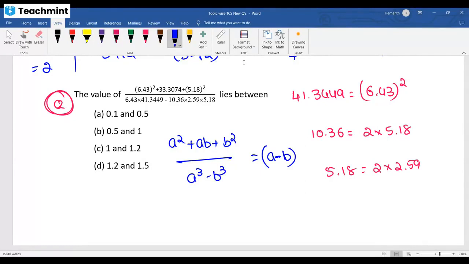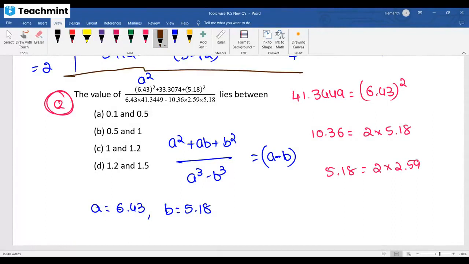Here, what is a and what is b, you need to decide. a is 6.43, there is no doubt. b is 5.18. This is a square, this is ab, this is b square.